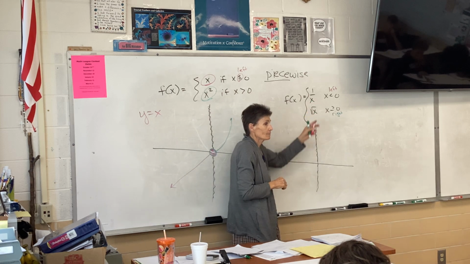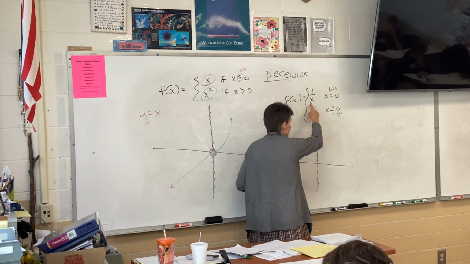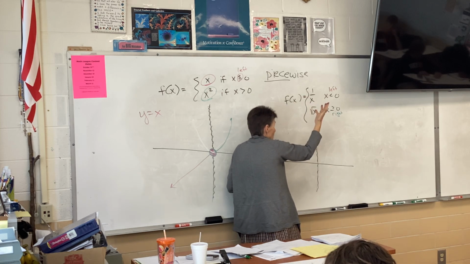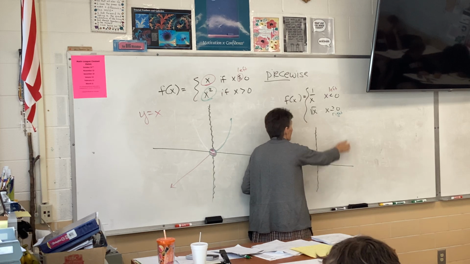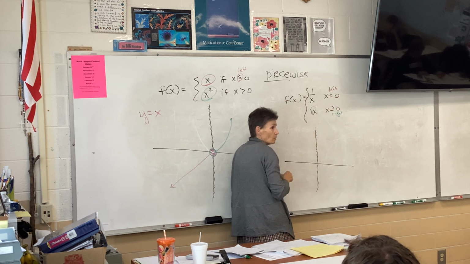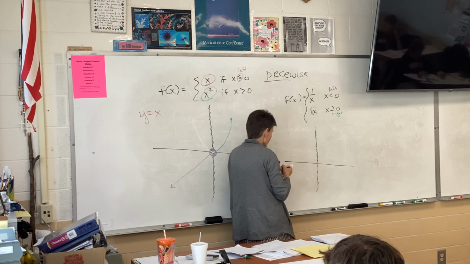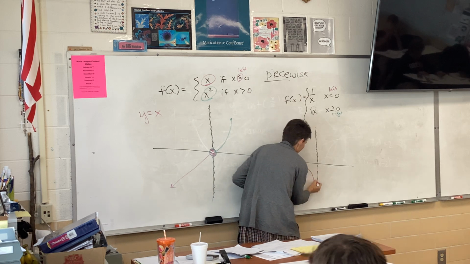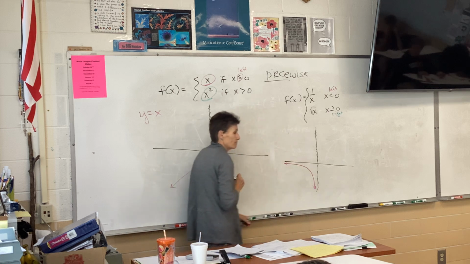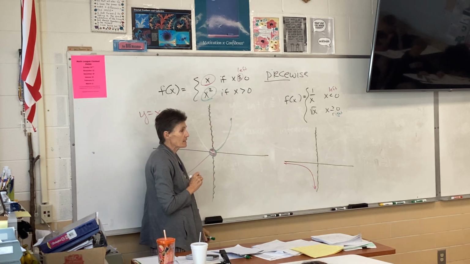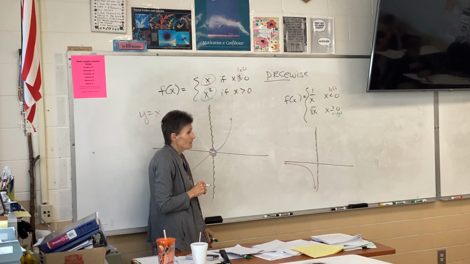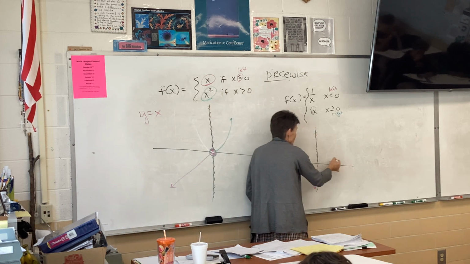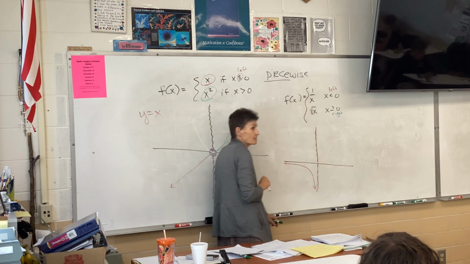Bottom right, third quad. This is a reciprocal function, and normally I would draw a piece here and a piece here, but because I've already figured out I only want the left piece, I'm going to draw them right there. There it is. Now take a moment, let that settle. Technically, I got another piece over here, but I can't include it. I just have to erase it.